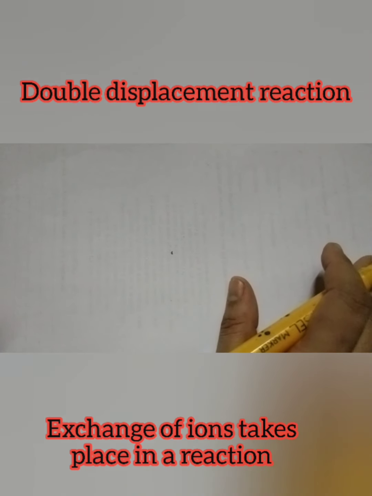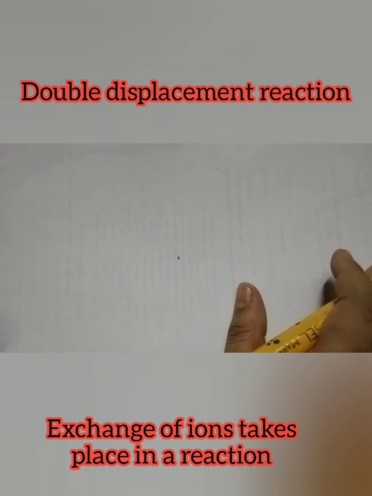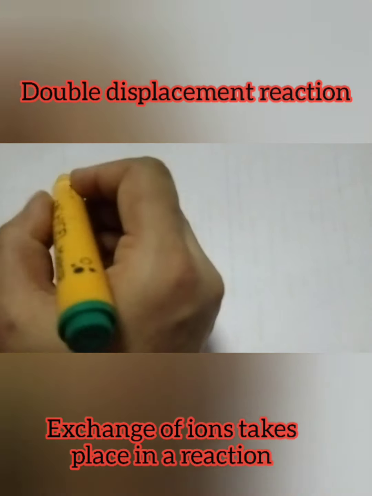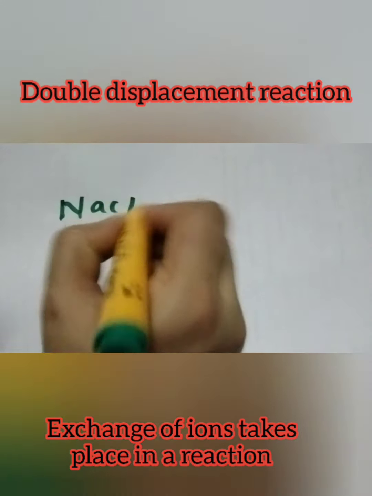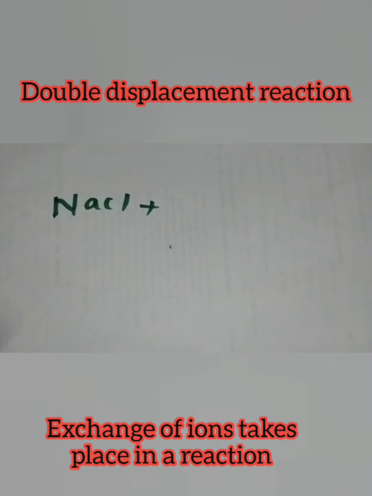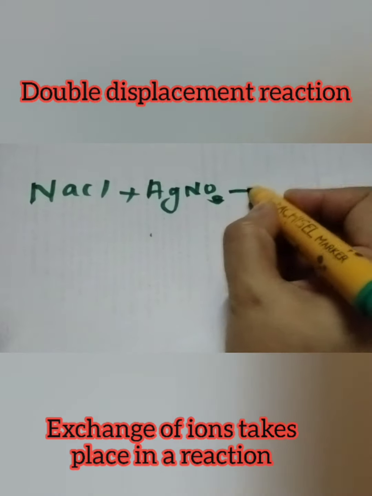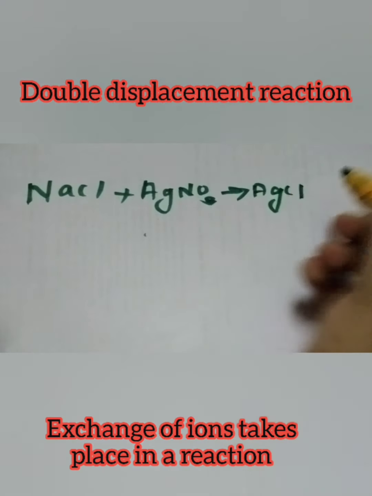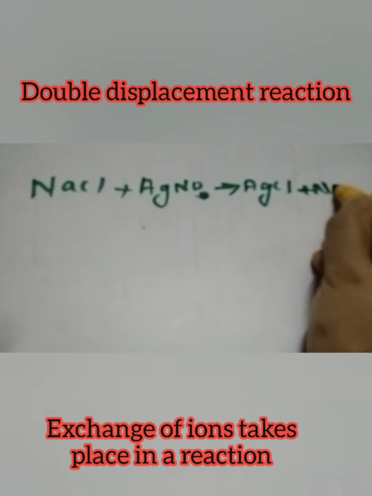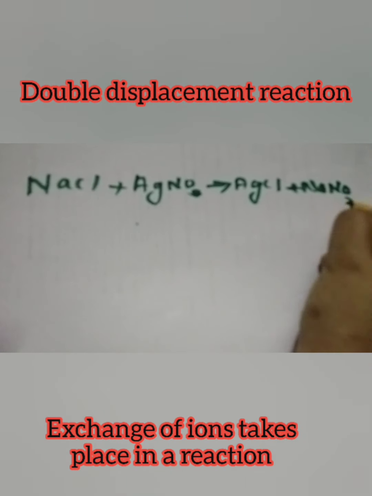Let us see a double displacement reaction with an example. Sodium chloride combines with silver nitrate, that is AgNO3, and gives you silver chloride and sodium nitrate, NaNO3.